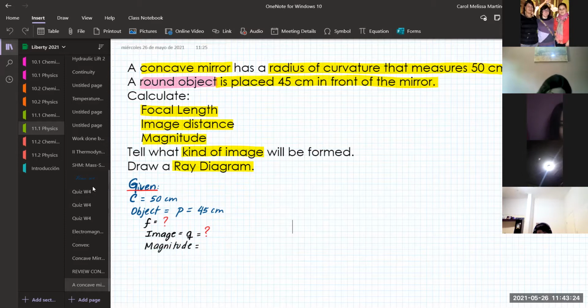It is unknown, it is part of the instructions. The problem tells you also that you have to tell what kind of image is going to be formed. So you need to describe the image, okay? Also, you need to draw a ray diagram.